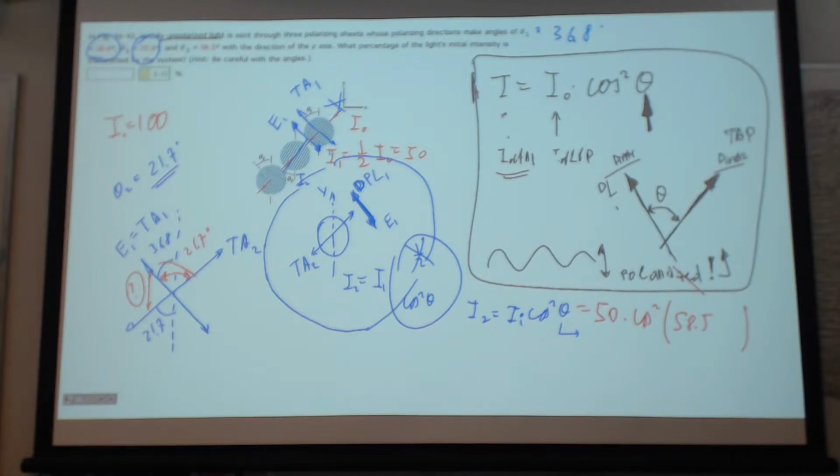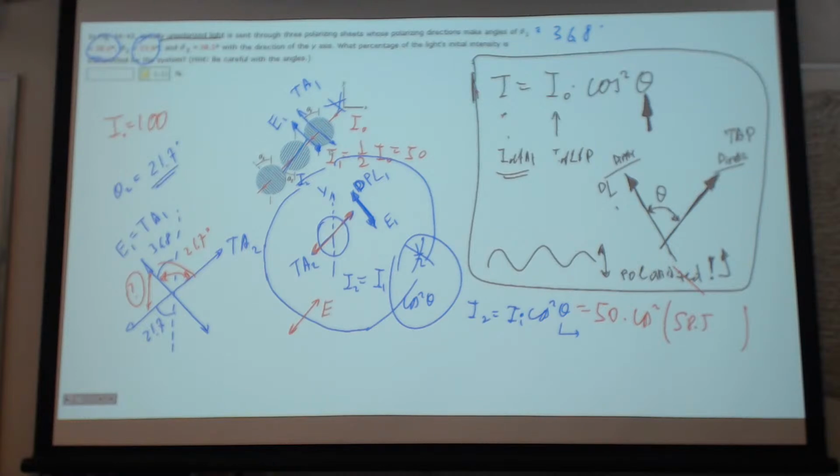So after traveling through the second polarizer, the light must be polarized in the direction of the transmission axis of that second polarizer. So at 21.7 degrees. Right. So this direction now is not transmission axis number 2 anymore.